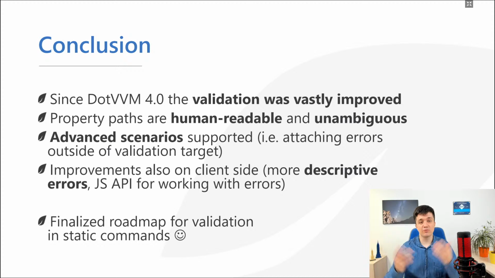And of course, as I described on the two previous slides, we basically finalized our technical roadmap for validation in static commands. We have a pretty clear picture of how to implement this, so you can be looking forward to it in the upcoming versions of DotVVM.